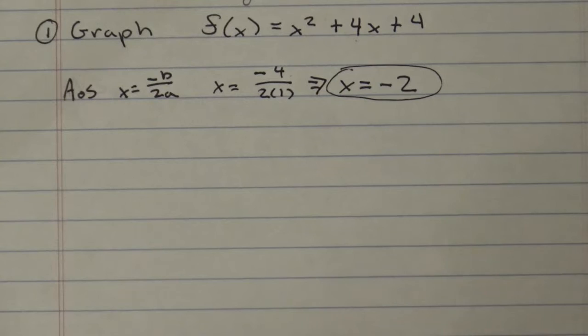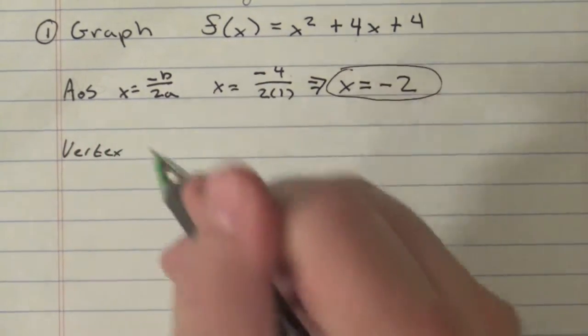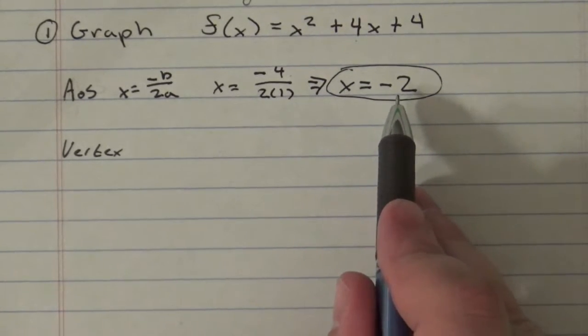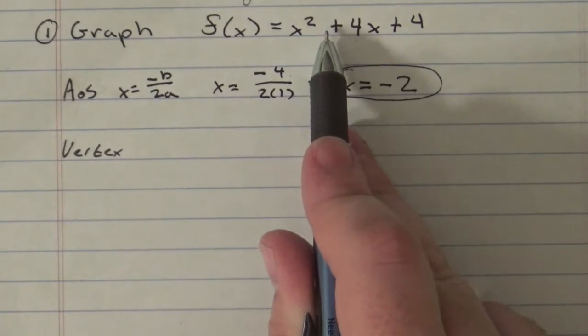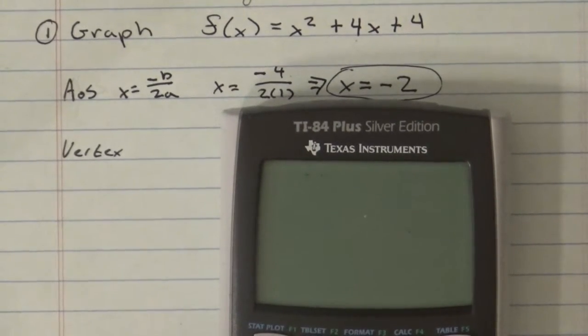All right, now, after axis of symmetry, we need to find the vertex. Well, in order to find the vertex, basically, we're going to take this negative 2 and plug back into this original equation. So let's do that, and I'm going to use my handy dandy calculator on this because I feel mighty lazy, and I'm going to say negative 2, and I'm going to store that as my x. All right, so now let's just go ahead and plug everything in, and we're going to say x squared plus 4x plus 4.